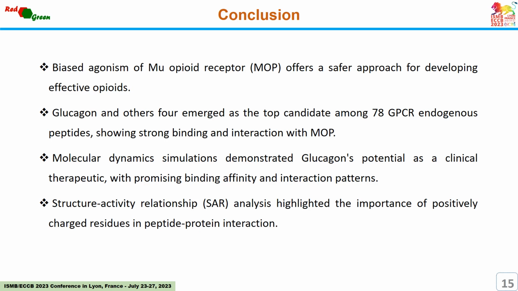After molecular dynamics, we reveal that glucagon would be a potential clinical therapeutic as it has promising binding affinity and interaction patterns. From the QSAR study, we also reveal that positive charge amino acid is positively correlated with the docking results. So we have a plan to design a super peptide using the QSAR data. Thank you all.